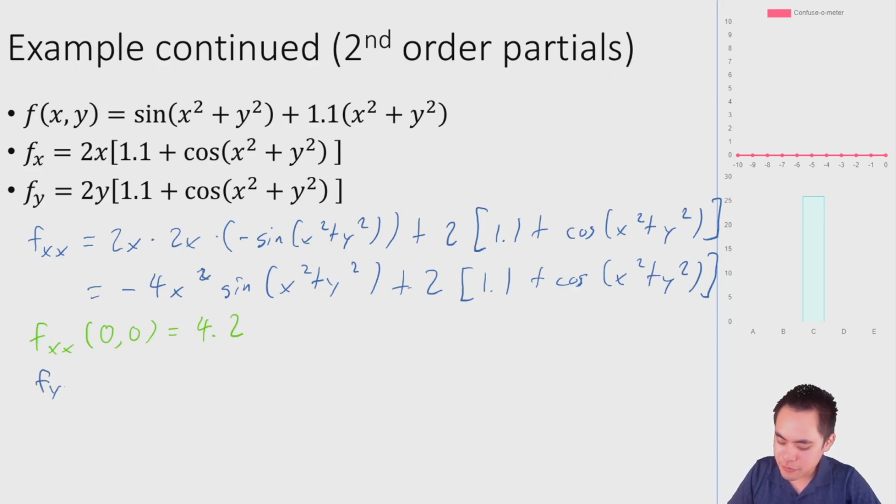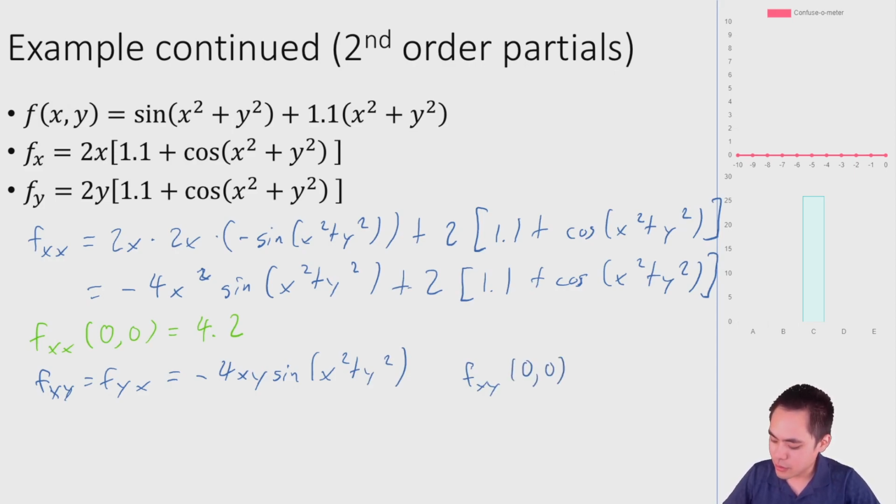And we also get f sub xy, which happens to be equal to f sub yx. When you compute this, you end up getting minus 4xy sine of x squared plus y squared. And so f sub xy of 0, 0 is equal to f sub yx of 0, 0 is equal to 0.